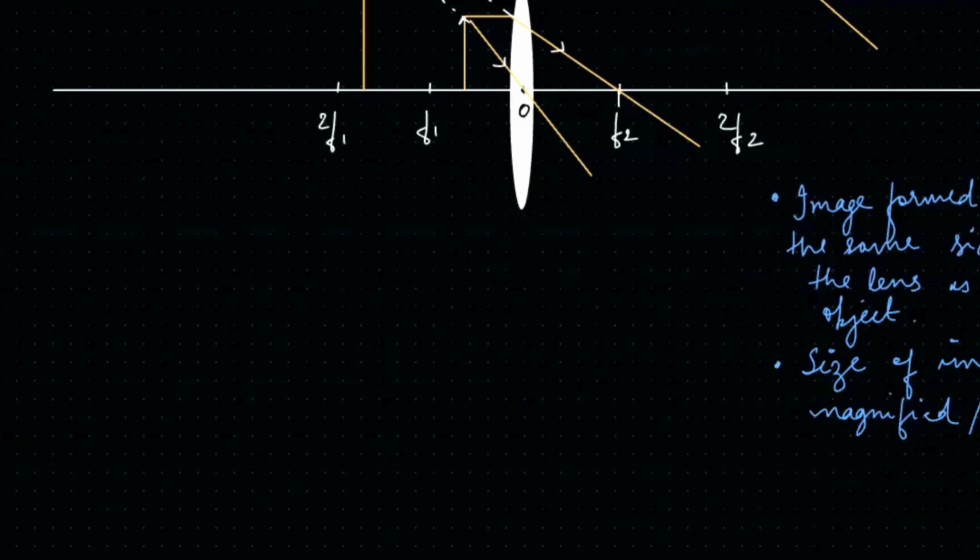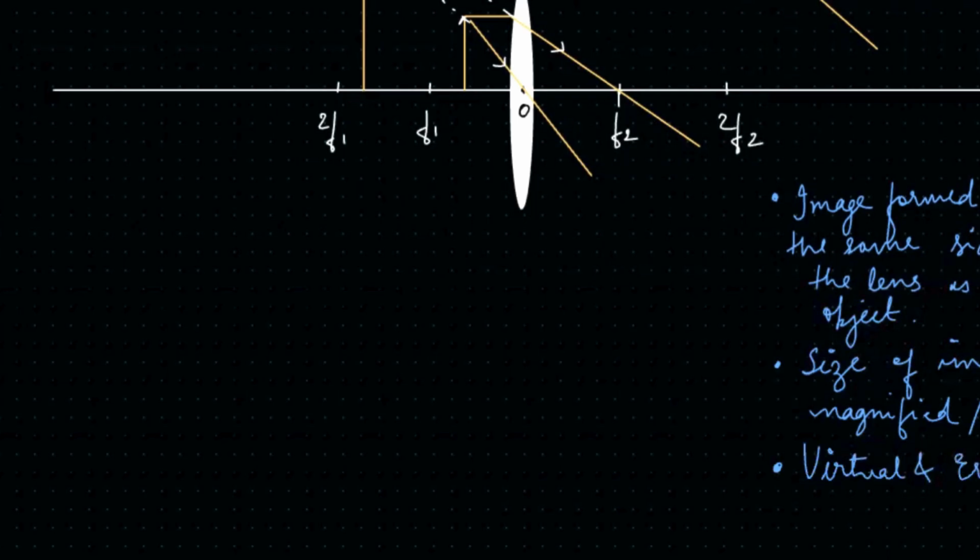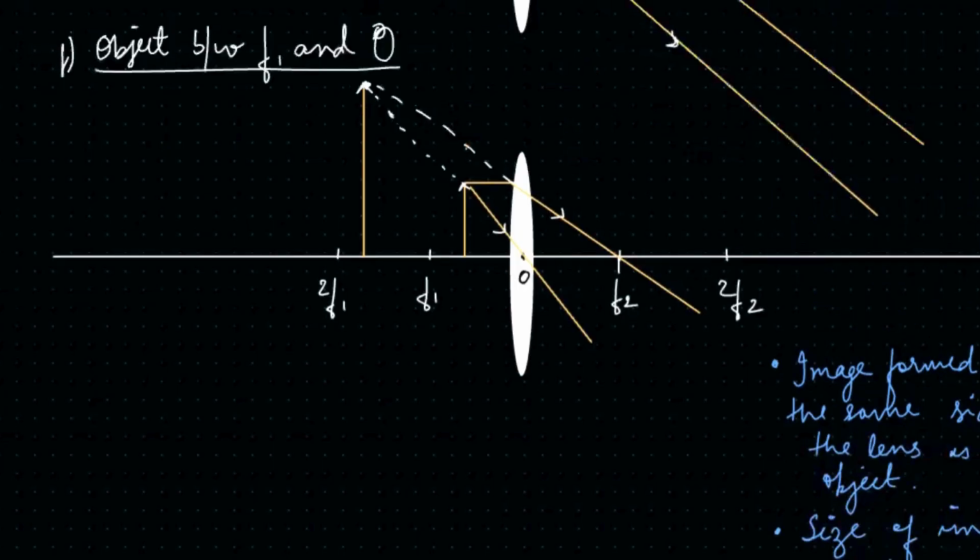And this is the only case in convex lens where the image is virtual and erect. So this is a very important case in the image formation by a convex lens. So this was all about the ray diagrams and image formation by a convex lens. Thank you so much.